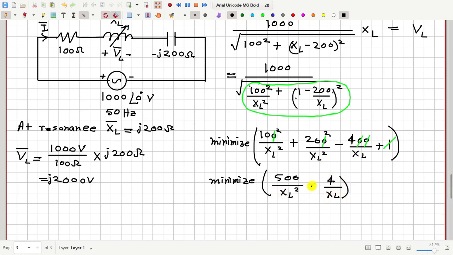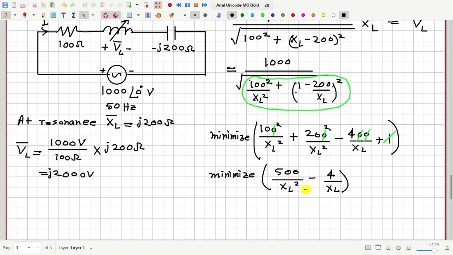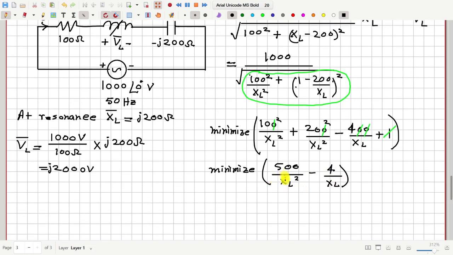Now to minimize this quantity as a function of XL, what do we need to do? Take a derivative with respect to XL. So the derivative with respect to XL will be minus 2 into 500 divided by XL cube minus 4 into minus 1 by XL squared.